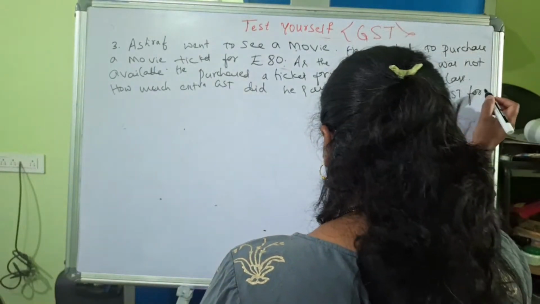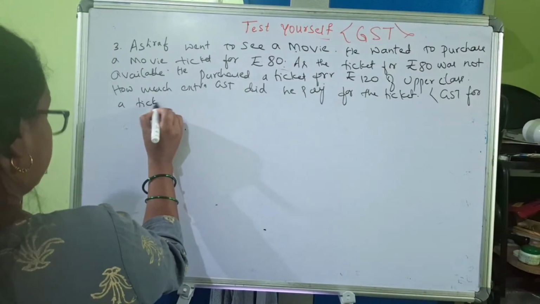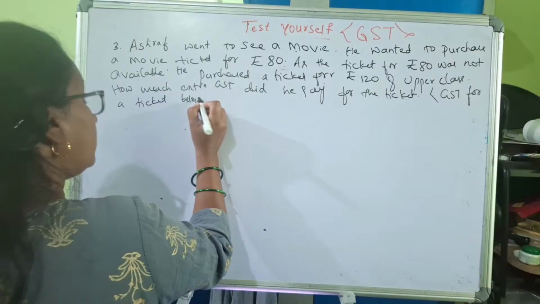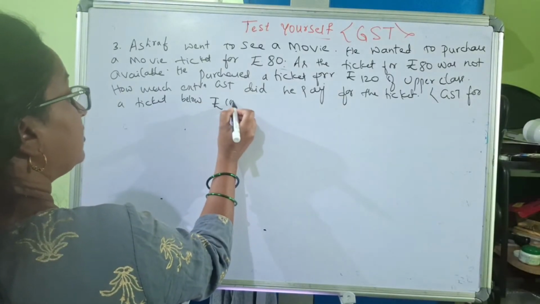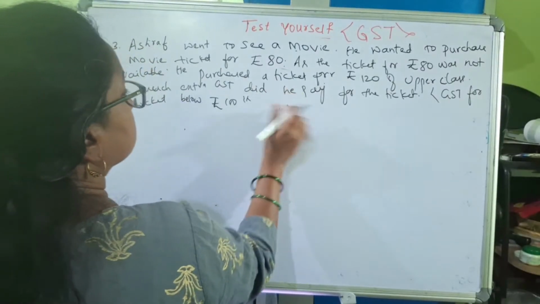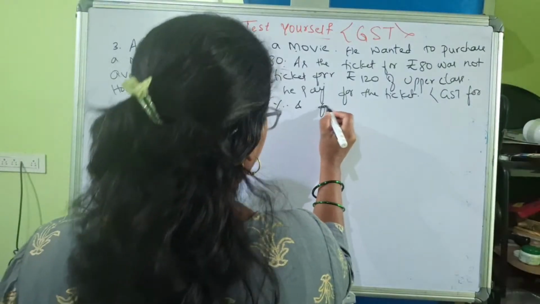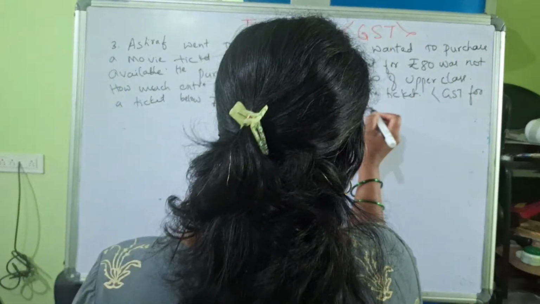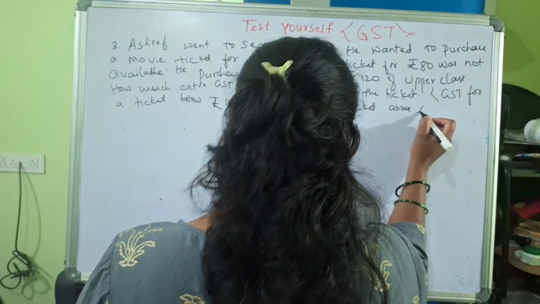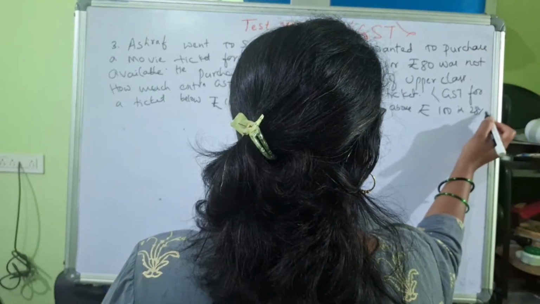GST for a ticket below rupees 100 is 18%, and for a ticket above rupees 100 is 28%.